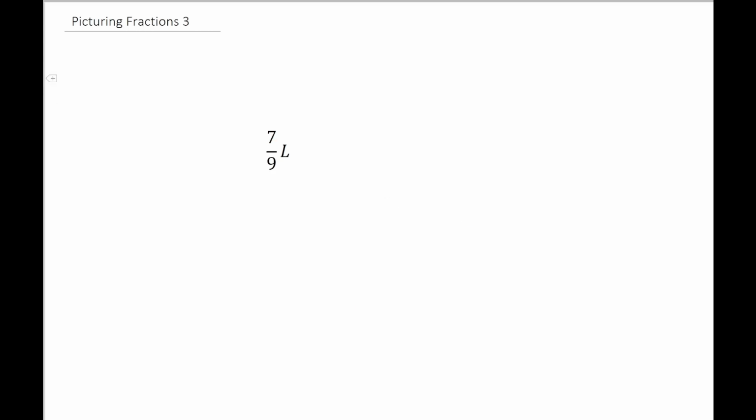7/9. Now, a ninth might not be something you can easily imagine, but again, is this closer to 0, 1/2, or 1? I know that if I had 9/9, it would be all the way filled up, right? And I can also use what half would be to help me picture it. What's half of 9?